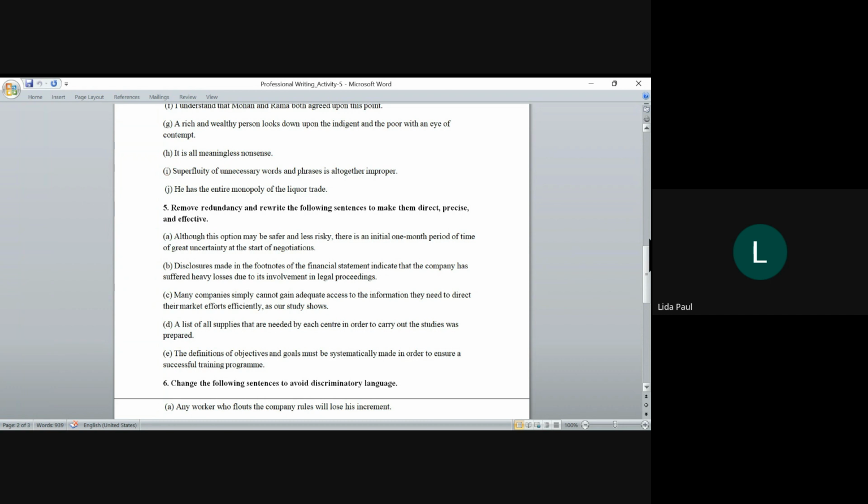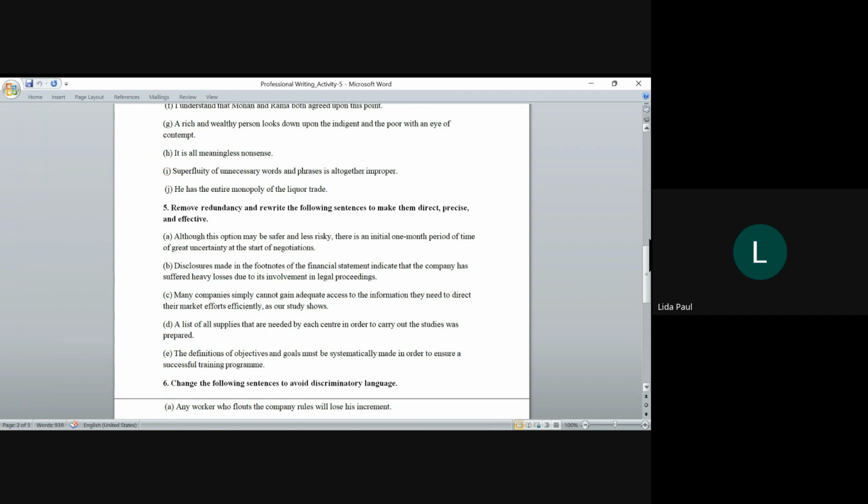The rest of it also has phrases or words that may be repetitive, something that we do not need. Ma'am, the rest is giving 2 times that, initial and start, so we can remove one of those.